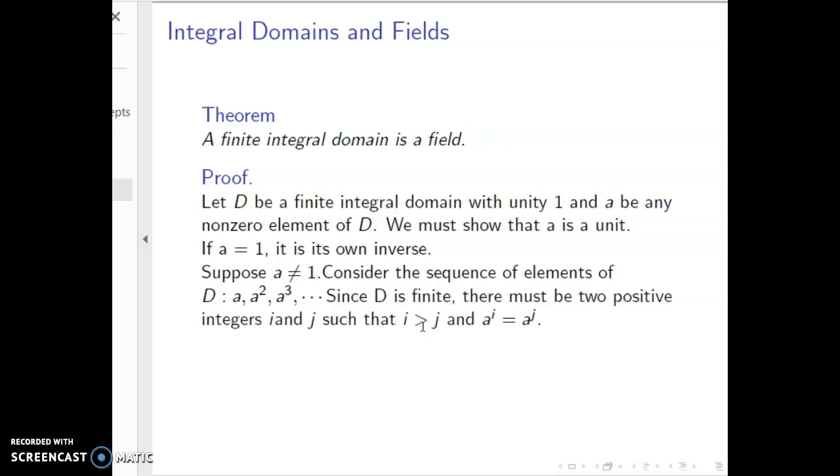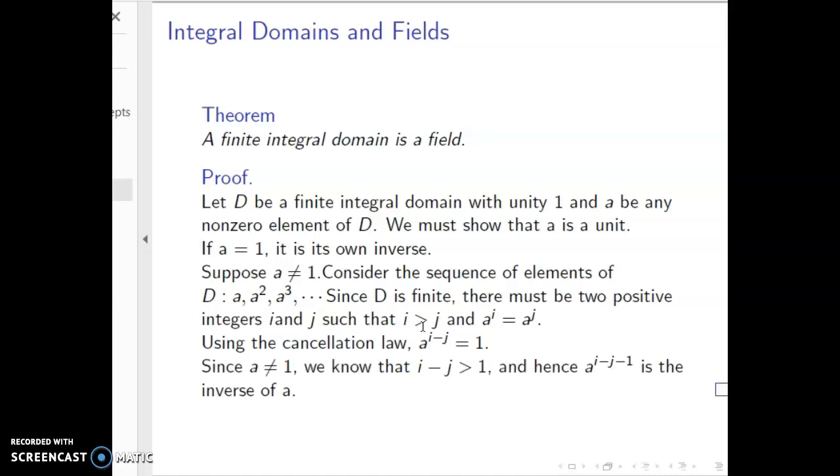Since D is finite, there must be two positive integers i and j, where i is greater than j, such that a raised to i is equal to a raised to j. Now I can use the cancellation law and say that a raised to i minus j is equal to 1. Since a is not equal to 1, we know that i minus j is greater than 1 and hence a raised to i minus j minus 1 is the inverse of a.